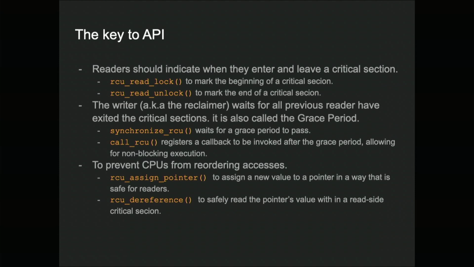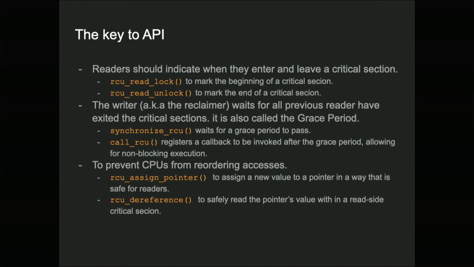So let's take a look at the key APIs. Similar to locks, we can use APIs to work with RCU. On the reader side, there are typical lock and unlock functions, rcu_read_lock and rcu_read_unlock.